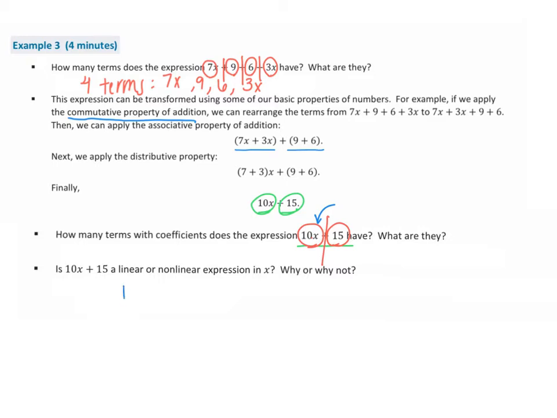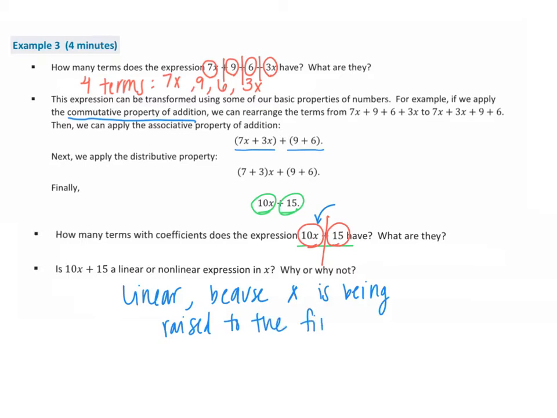So this is linear because x is being raised to the 1st power. And again, it doesn't look like it is because it's just a 10x right here. But remember, 10x is the same as 10x to the 1st power because it's just 1x.